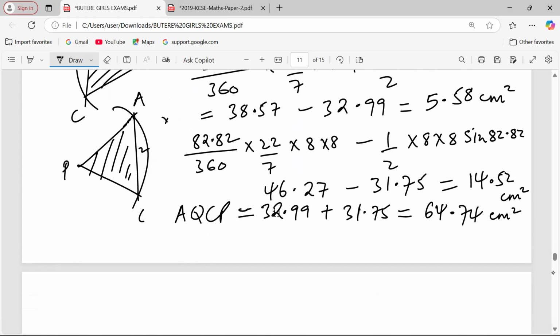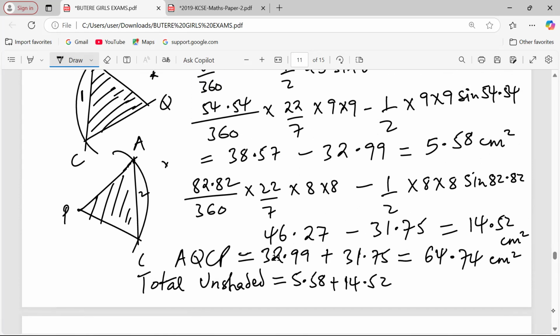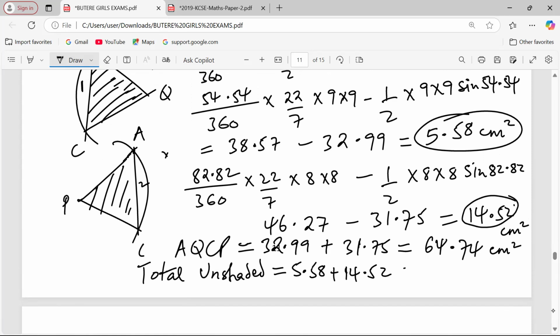Then total unshaded, which is 5.58 plus 14.52, the first unshaded area and the second unshaded area.